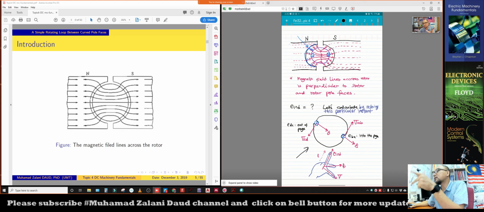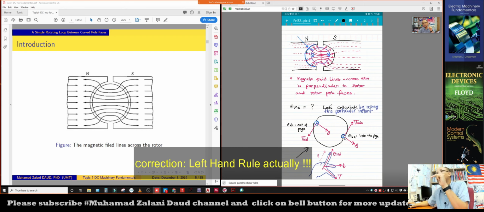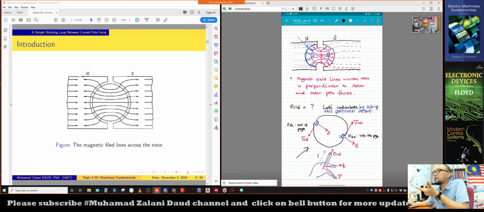Your thumb is the velocity VAB, your index finger is the induced voltage, and B is the middle finger. So if you use your right hand rule, you'll see that the EBA is into the page for this segment. For the EDC, which is the CD segment, it is out of the page.